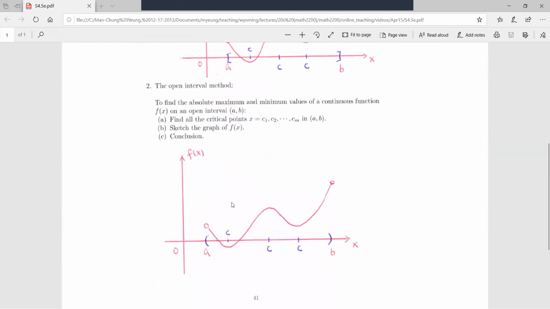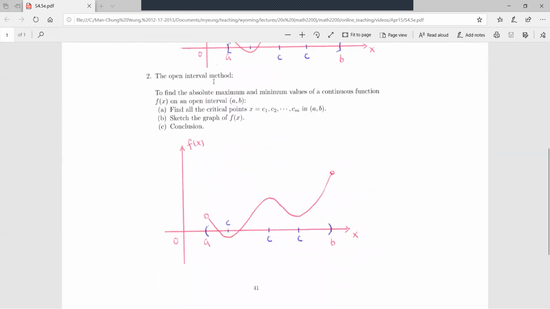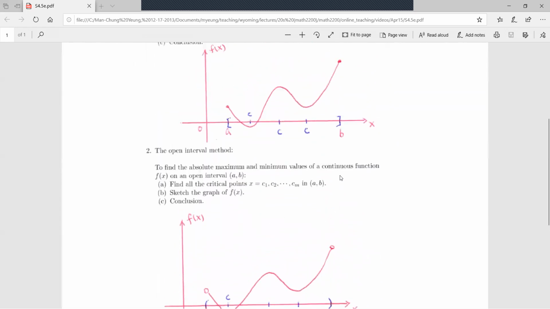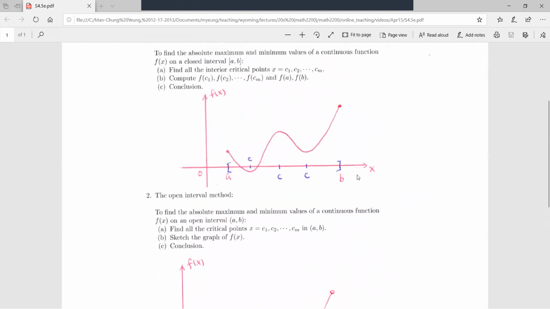Second method is called the open interval method. Over an open interval, no guarantee the function has an absolute maximum or an absolute minimum. Over a closed interval, it is guaranteed by extreme value theorem.